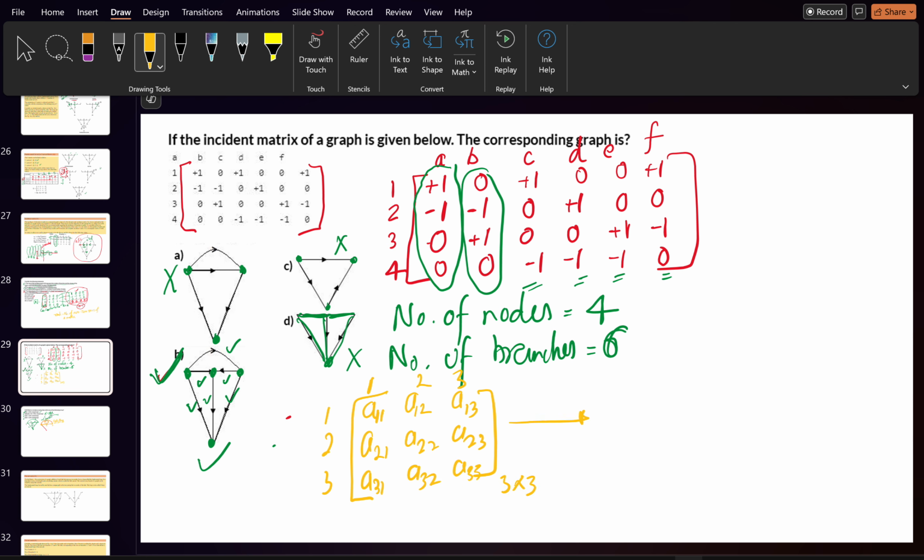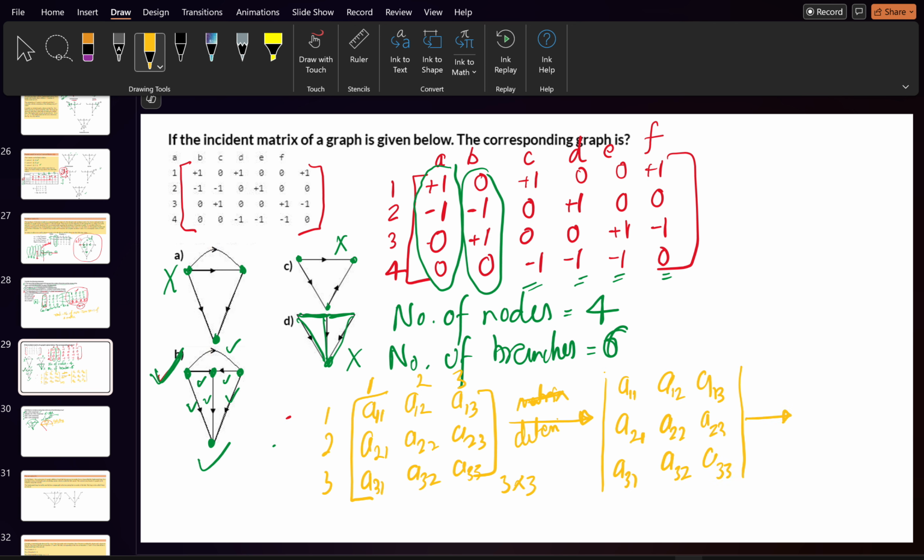There is one property of the determinant. Suppose you have a determinant with entries A11, A12, A13, A21, A22, A23, A31, A32, A33.